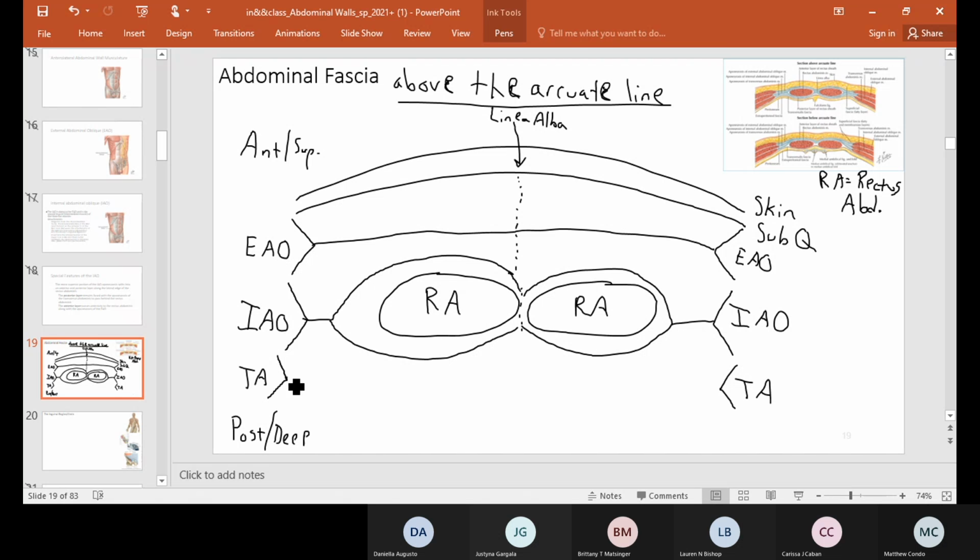Transverse abdominis stays deep to all of this. Now, the reason I'm drawing it above the arcuate line first is that below the arcuate line, or inferior to the arcuate line, this orientation is going to be different.